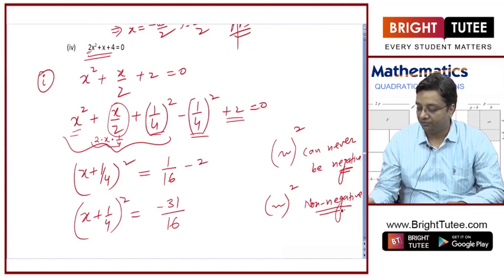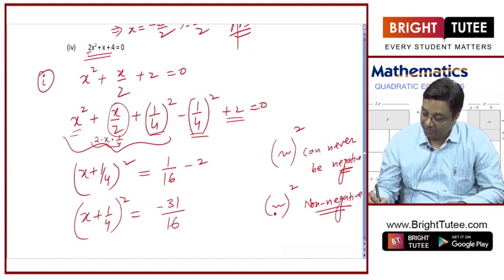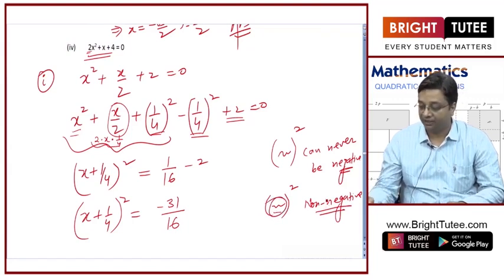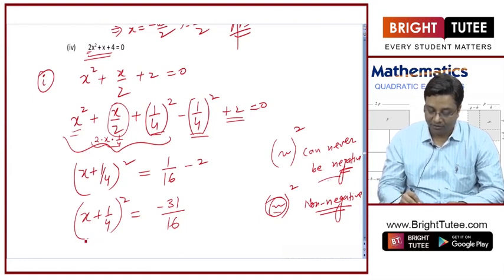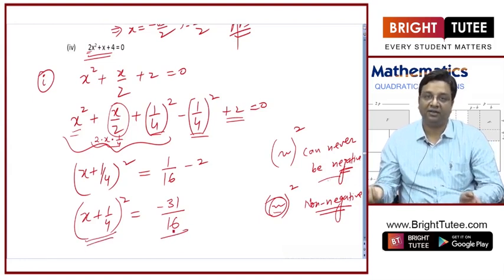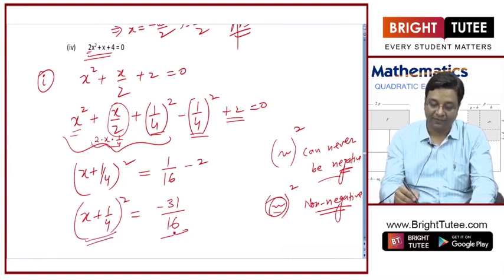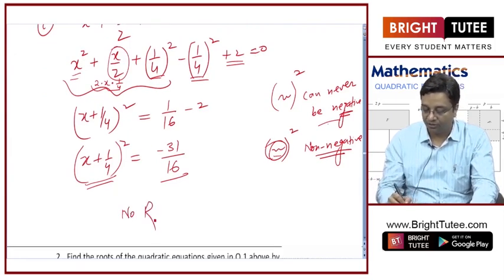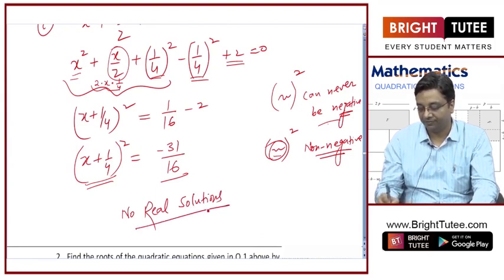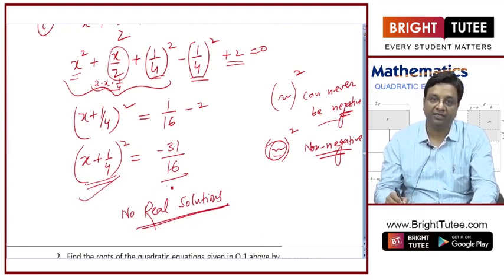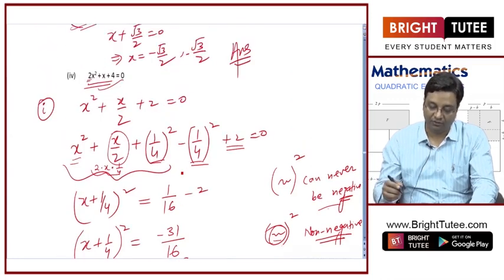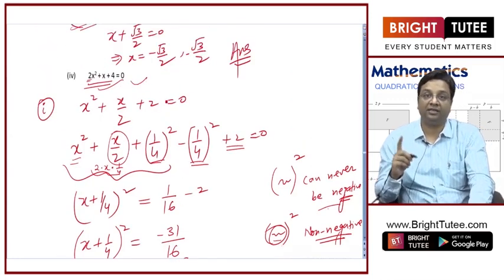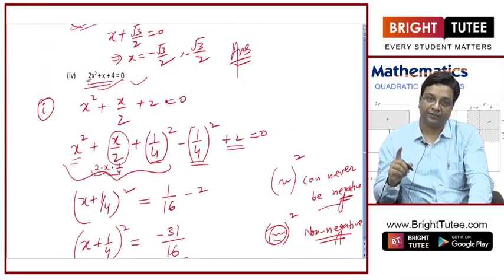It may not be positive, it can be 0, yes, but the minimum it can be is 0. It can never be negative. So this will never have a solution. So I can say that this quadratic equation has no real solution. You don't have to solve further, right? Square of something is negative here, so this equation will not have any real solution. Okay.